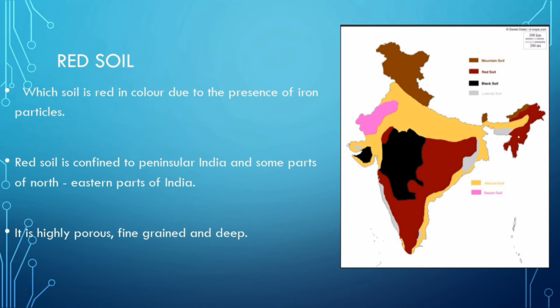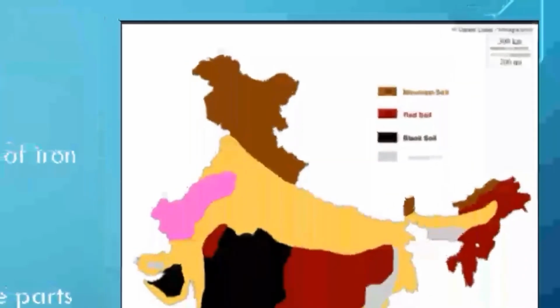Next one is red soil. The color of this soil is red due to the presence of iron particles. Red soil is confined to peninsular India and some parts of northeastern India. Let's have a look.